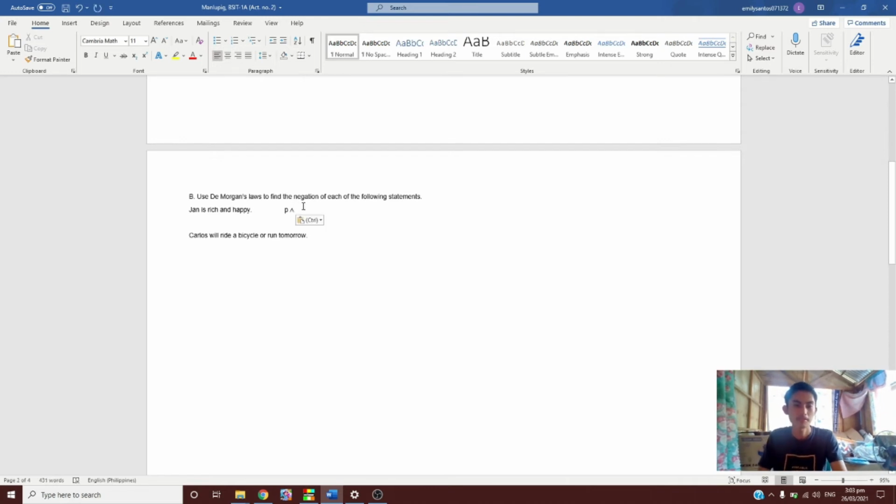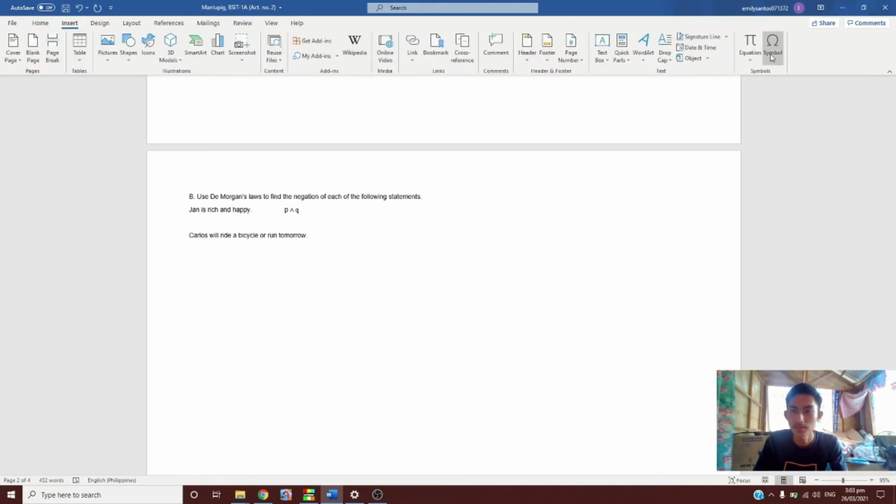And let happy be letter Q. So this is not a negation value, so let's transfer it to a non-negation value. The equivalent of this is the negation of P and Q.